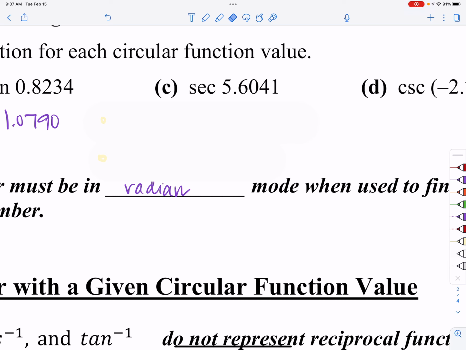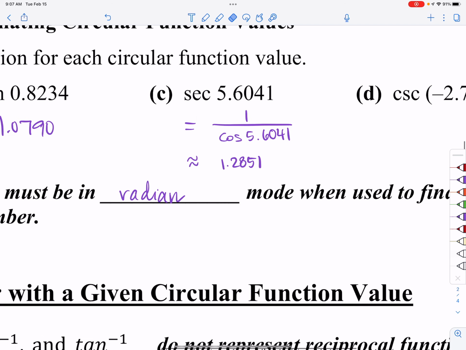And so you're going to need to use your reciprocal identities. The first thing we'll do is change secant into 1 over cosine of 5.6041. And then that's what we will type into the calculator as is. And when we type that into the calculator, we should get 1.2851.